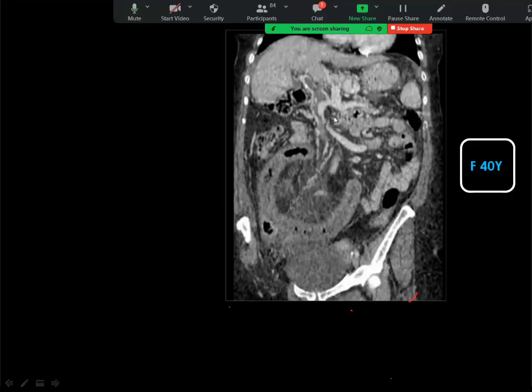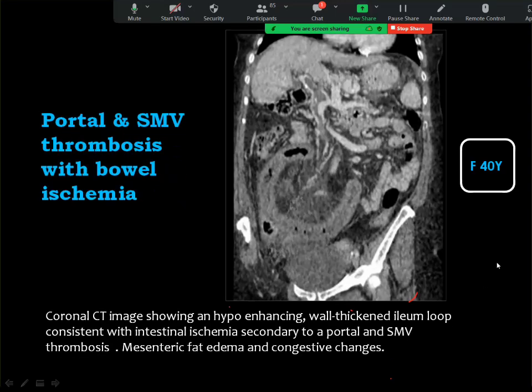And this thrombus is the cause of bowel ischemia, and you got less enhancement of the bowel wall and very dirty mesenteric fat, and this is diagnostic of small bowel ischemia due to venous thrombosis.